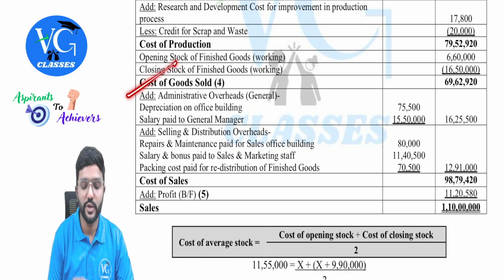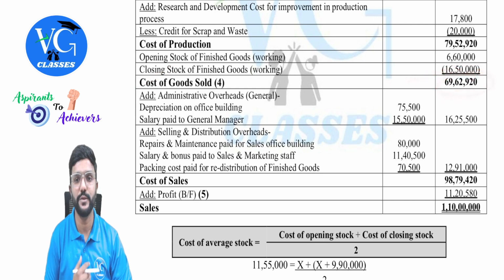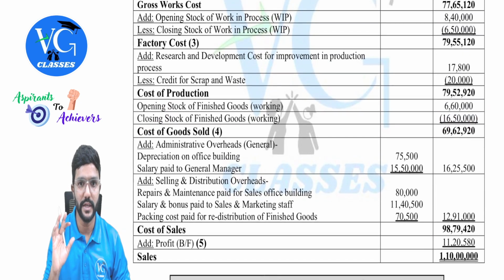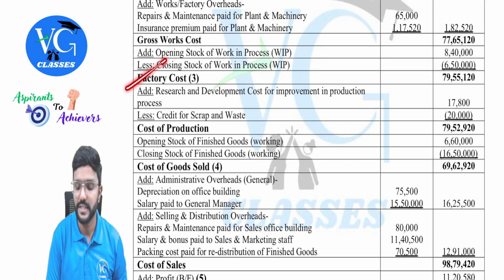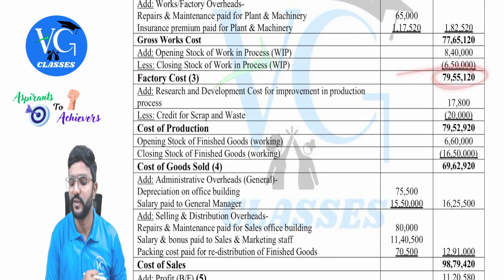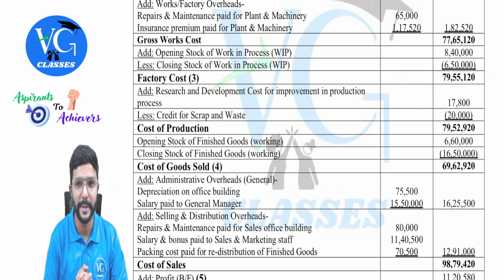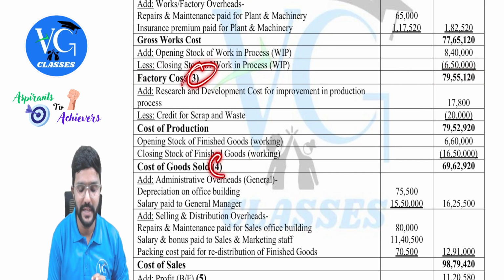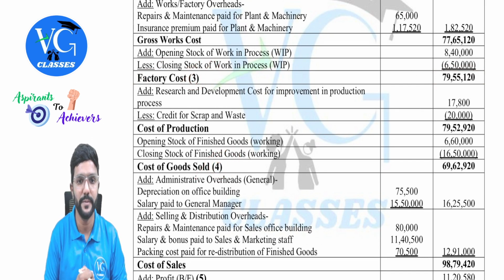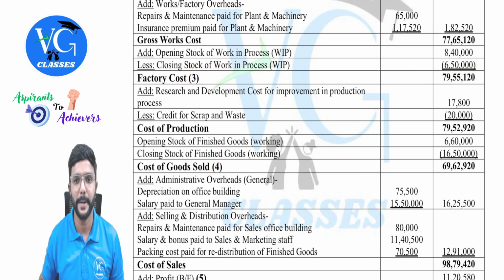Okay, fine. Next, cost of goods sold 69,62,920. Okay, sir. And factory cost, I guess they had asked. We will just mark that: 79,55,120. The third requirement. I have also given it in brackets, guys, as the requirement number: 1, 2, 3, 4, 5, like that.